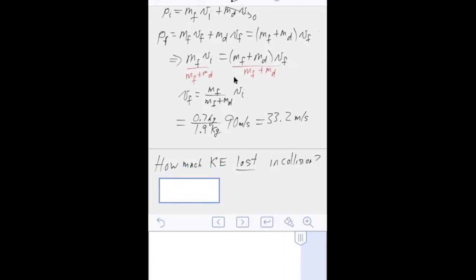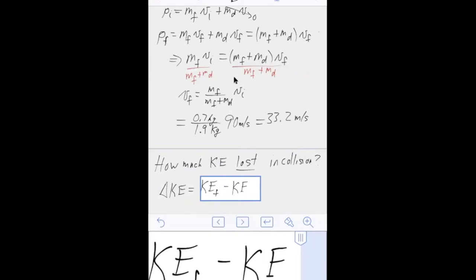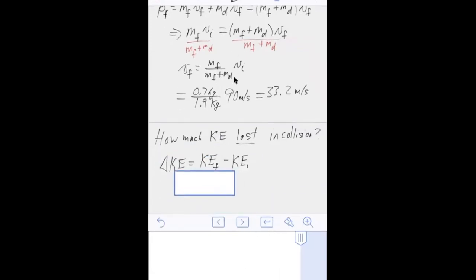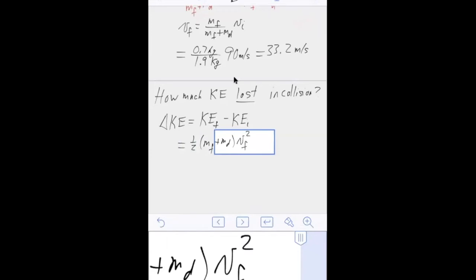So the change in kinetic energy is just the final kinetic energy minus the initial kinetic energy. So I've got 1/2 of the combined masses, m falcon plus m duck, times the final velocity squared.